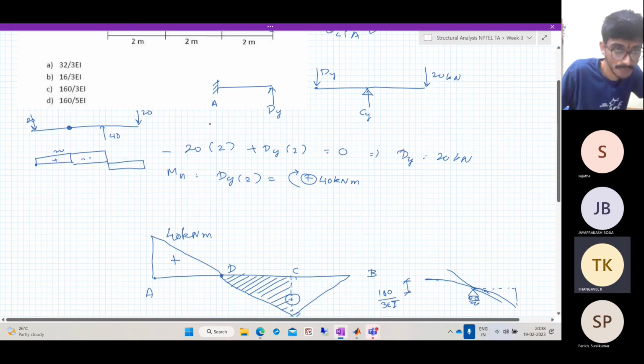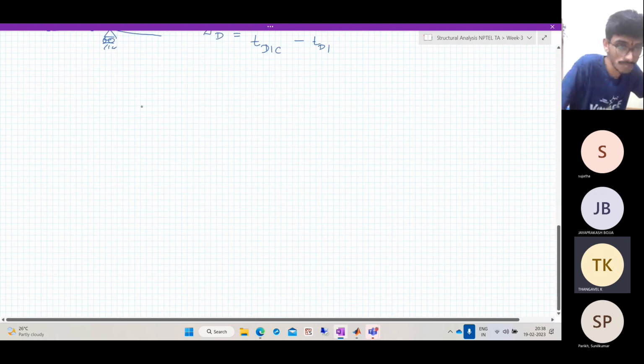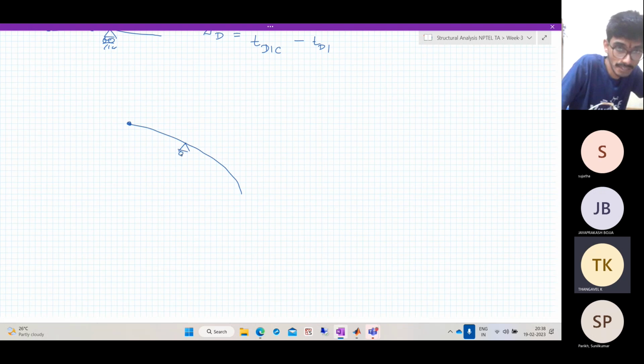Let me exaggerate it. This is how it looks. This is the point C. You take a tangent here. This is TD with respect to C. This is delta D. But this tangent makes an angle theta C here.